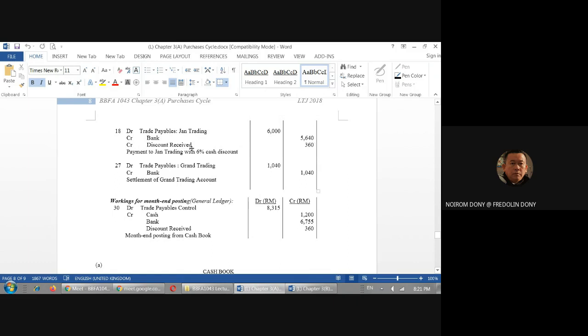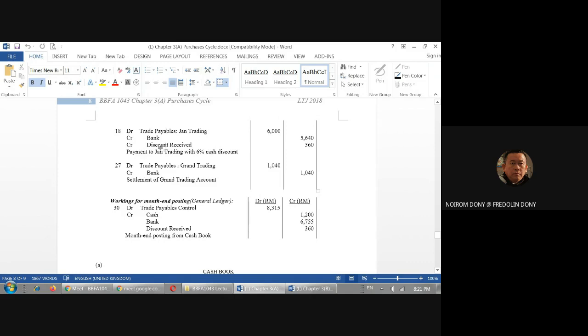Now the explanation why bank is being credited: because the transaction reduces the amount in the bank, a debit item. And why discount received is being credited: because discount received is an income. Remember, as I told you, any item that ends with the word received is other income, isn't it? Revenue is a credit item, income is a credit item.